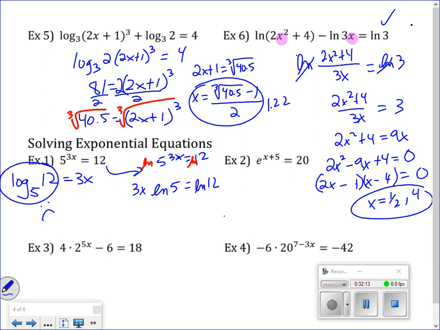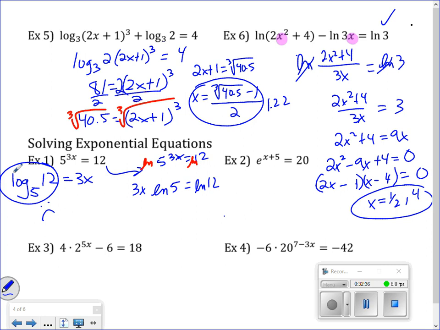All right. So at this point, ln 5 and ln 12 are just numbers, like some random decimals, right? I'm trying to solve for x, so what's next to the x that I need to get rid of? 3 and ln 5.